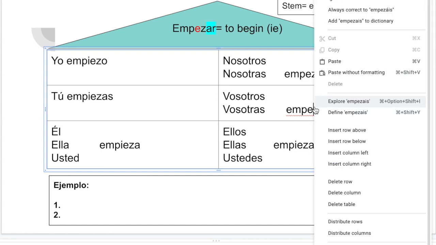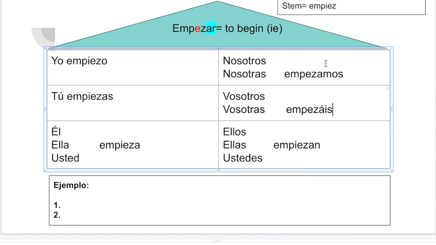Okay, muy importante, and I forgot to mention, sorry about that, that nosotros y vosotras, they never change the stem for some reason that I can explain. But the stem doesn't change.